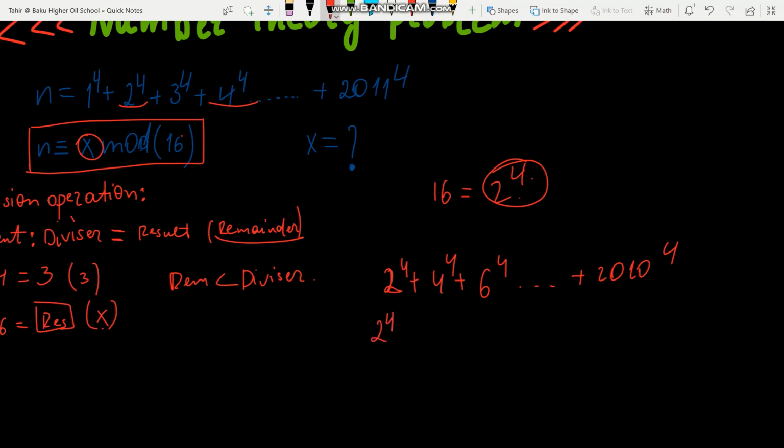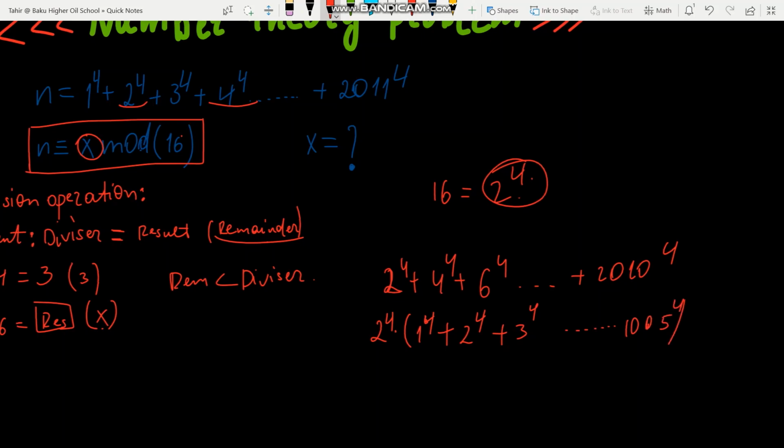Let's take 2 to the power 4 out of the brackets and write the expression again. It is equal to 1 to the power 4 plus 2 to the power 4 plus 3 to the power 4, and it will continue till 1005 to the power 4.